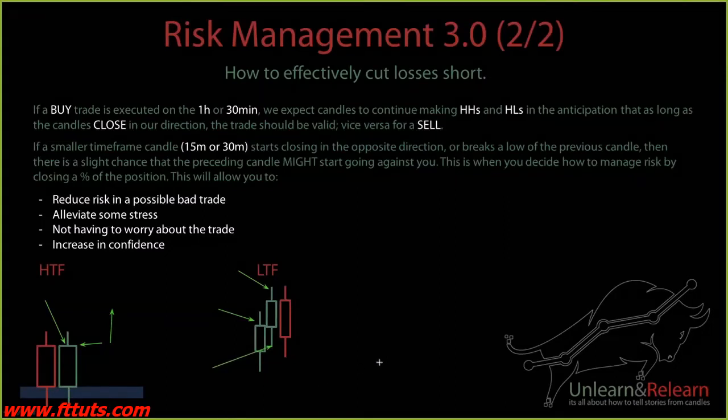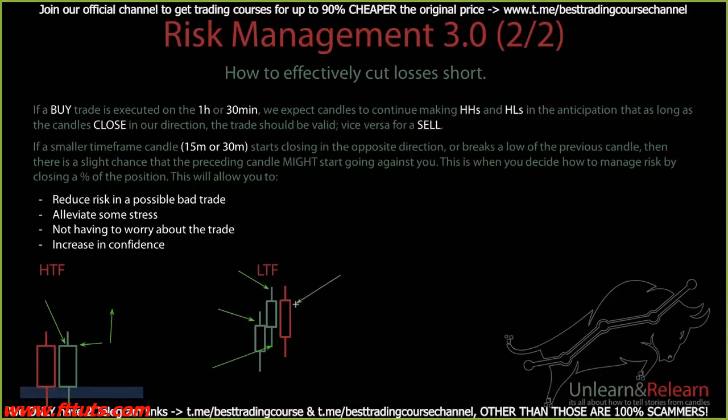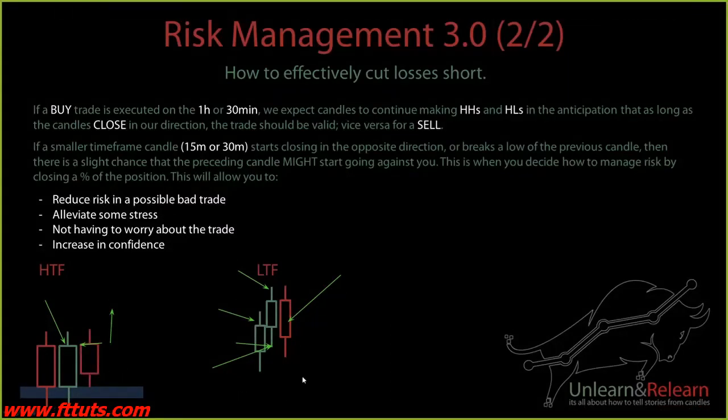What we learned in an uptrend and downtrend was that for an uptrend to continue, you need the next candle to start respecting the lows of the previous candles. But if this 15-minute candle has broken the low of the previous 15-minute candle, this means that maybe the next 30-minute candle is starting to form like this, bearish.